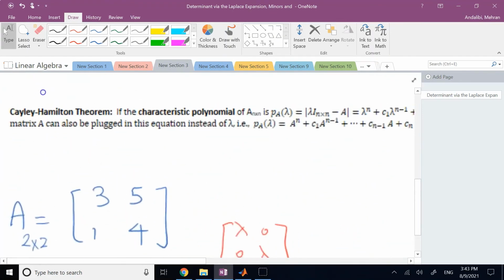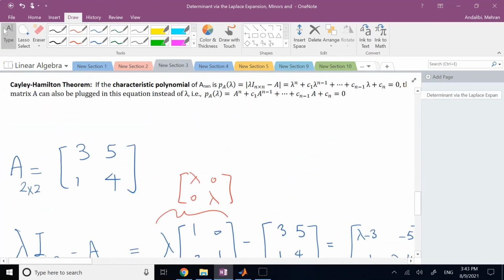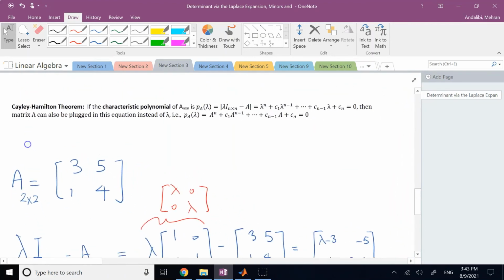And now the Cayley-Hamilton Theorem says, if you plug the matrix A itself into the characteristic polynomial, so if you plug in actually P of A, not P of lambda, if you plug in A instead of lambda in the characteristic polynomial, the result is going to be what? It's going to be 0 again, with one difference. This 0 is not just the number 0.